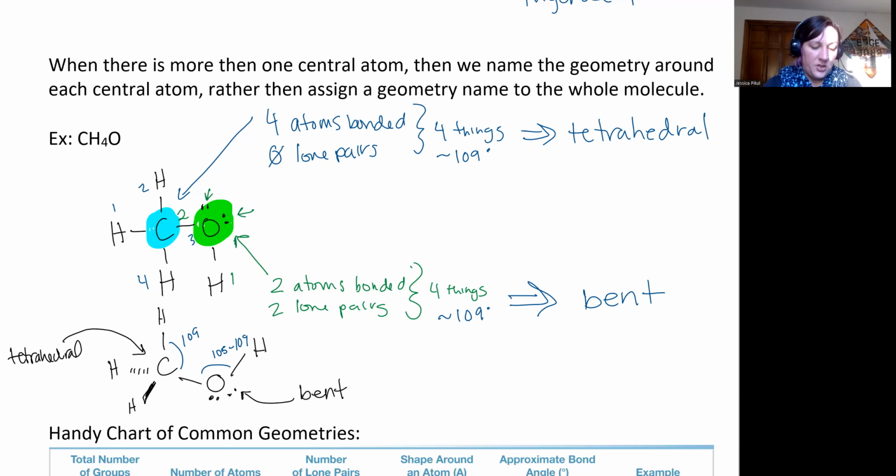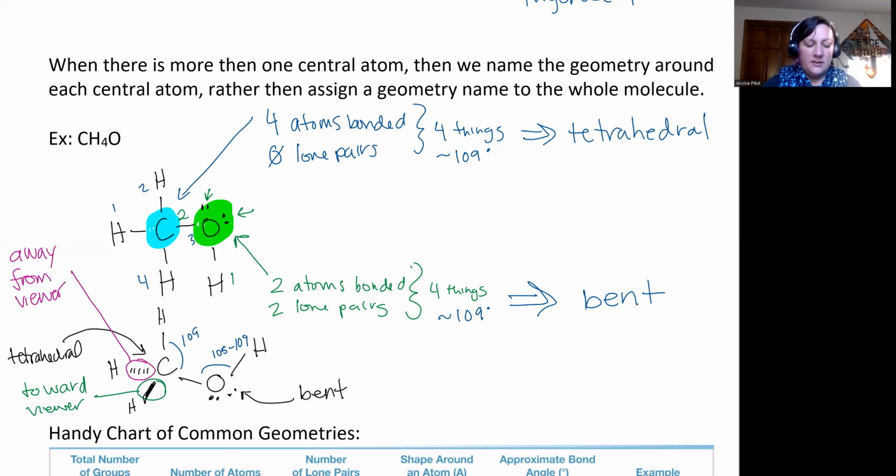And so in this picture, the dashed line means it's going away from the viewer or behind the plane of the paper. This solid wedge is coming towards the viewer or out of the plane of the paper. And we'll get a little more experience with this using handheld models.